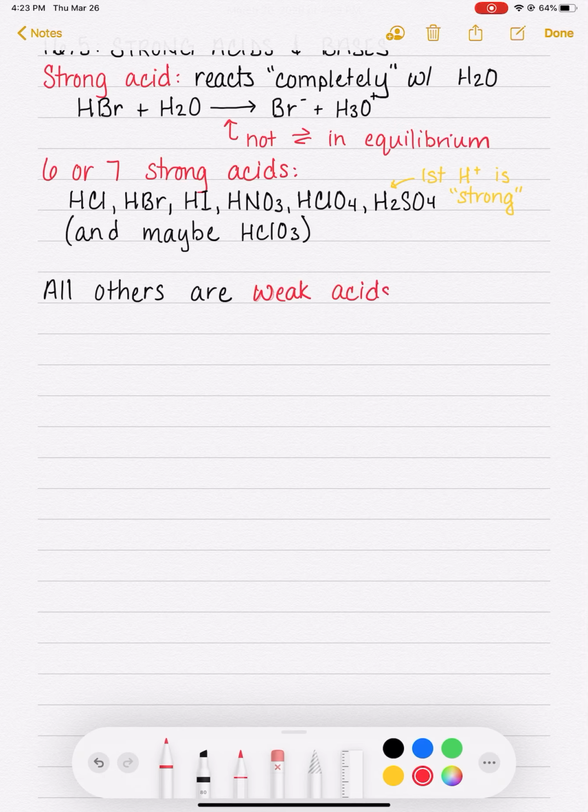And weak acids, again, has nothing to do with how much it will hurt if you spill that weak acid on yourself. Like HF, hydrofluoric acid, which is a weak acid, and this thing will literally eat right through your skin, straight to your bone, and eat through your bone.